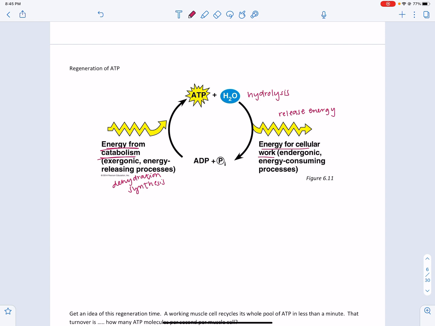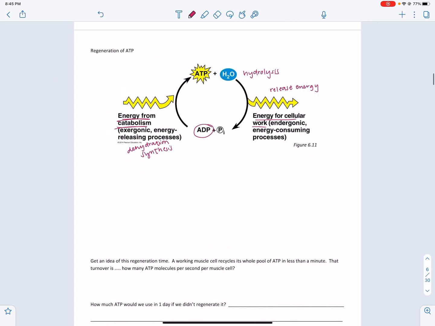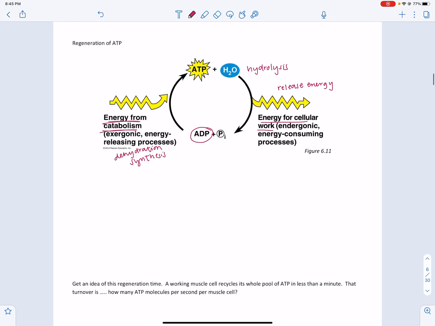But the really nice thing is that your cells recycle ADP so much that it's easier to regenerate ATP much quicker, so your cells can just keep doing work. The regeneration process is really quick, which is really helpful because your cells just keep using energy.